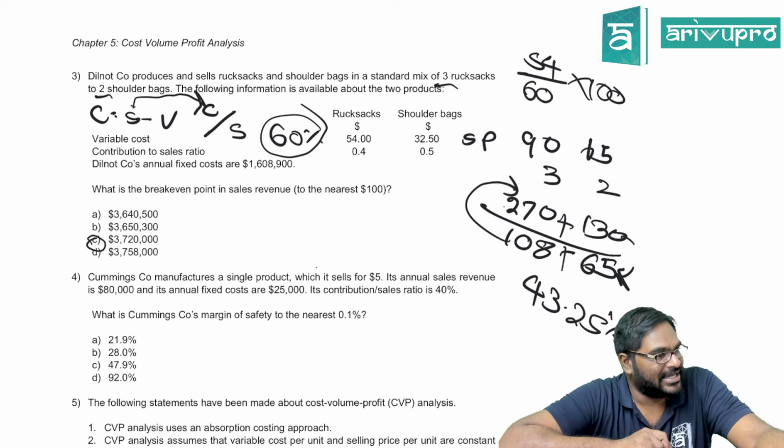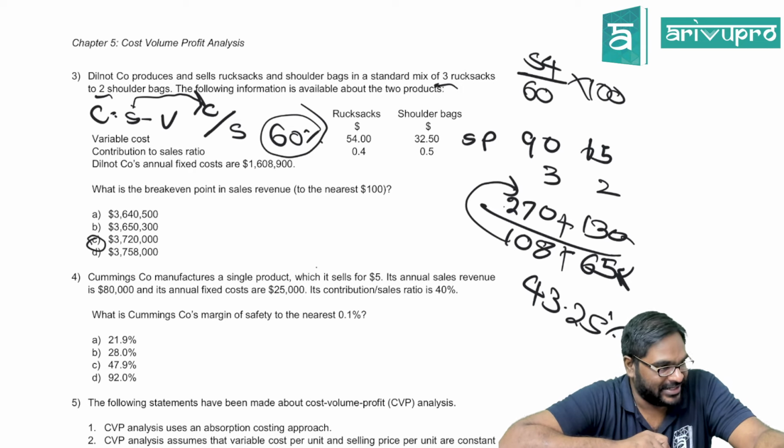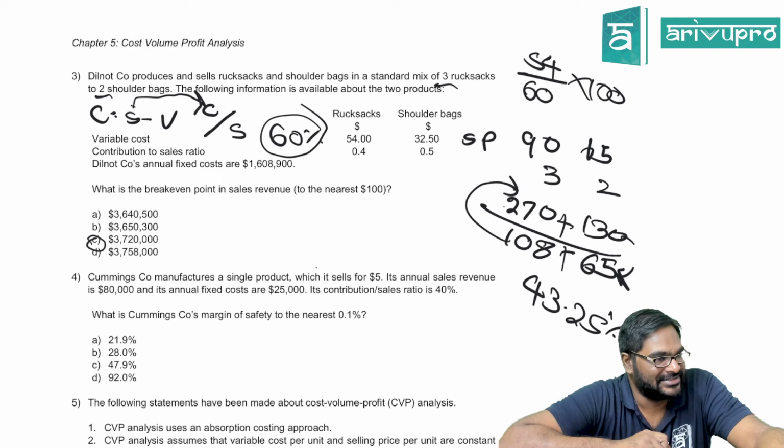And rucksack has a CS ratio of 40%. So 270 into 40% would be the contribution, 108. Rucksack 40, no? Then shoulder bags 50%. So 130 into 50% means 65. So now we know the sales, we know the contributions.